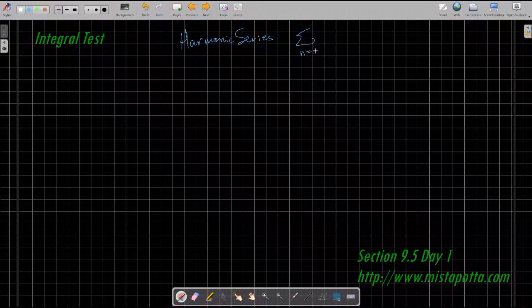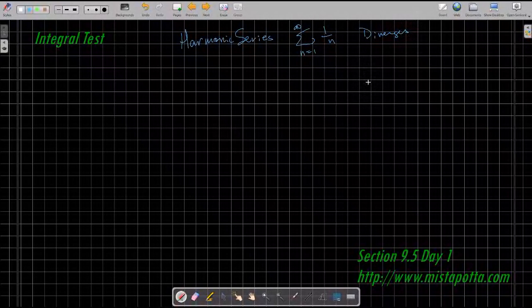The series from n equals 1 to infinity of 1 over n. And we've talked about how this series diverges. But I want to talk about why it diverges.